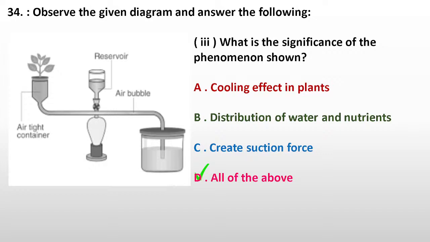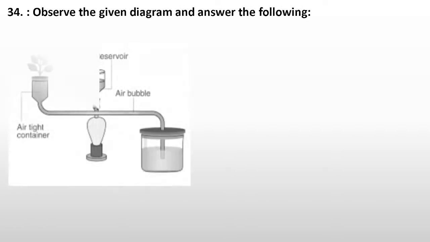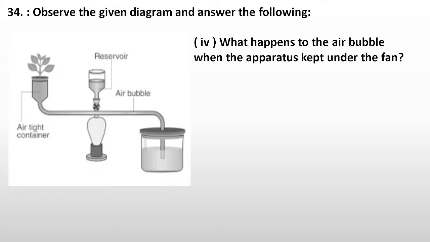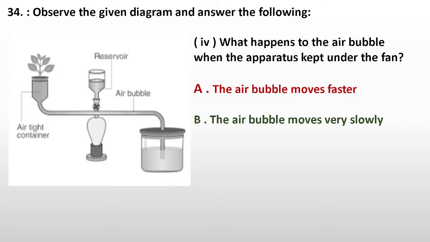So this phenomenon, that is transpiration, is the loss of water, and this helps in what? Cooling effect in the plants. It also helps in the distribution of water and nutrients because it also gives a suction force. Okay, so the answer is all of the above. The same diagram, now a different sub question. What happens to the air bubble when the apparatus is kept under the fan? A. The air bubble moves faster. B. The air bubble moves very slowly. C. The air bubble does not change its position.